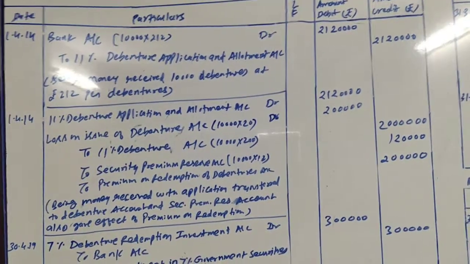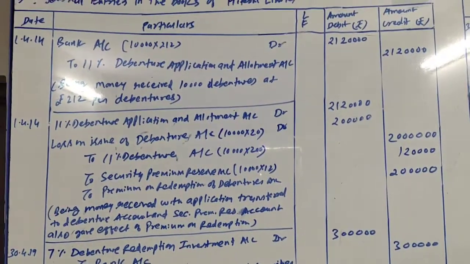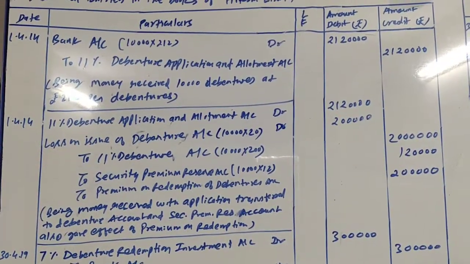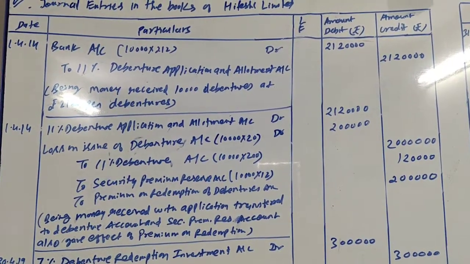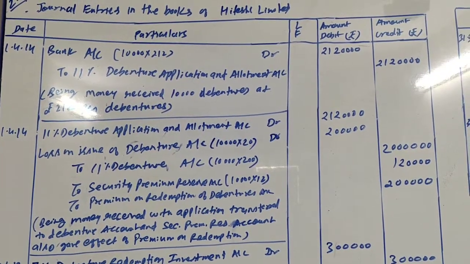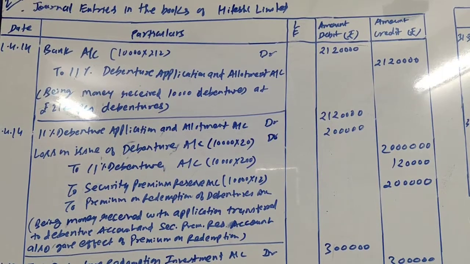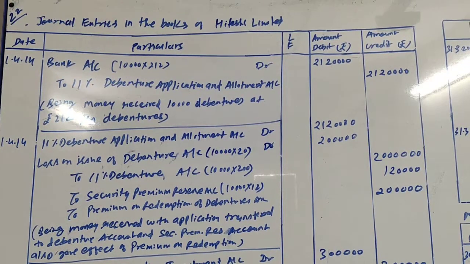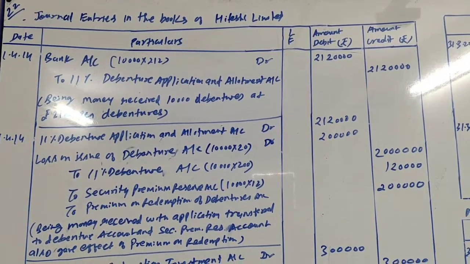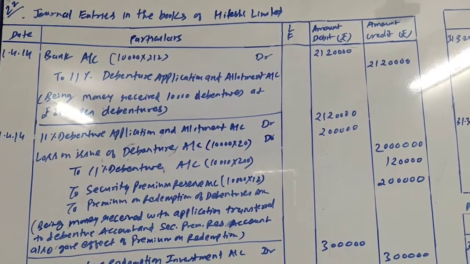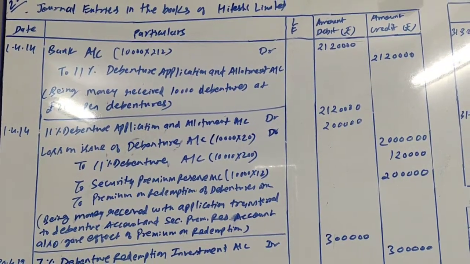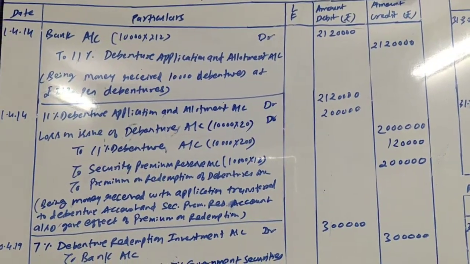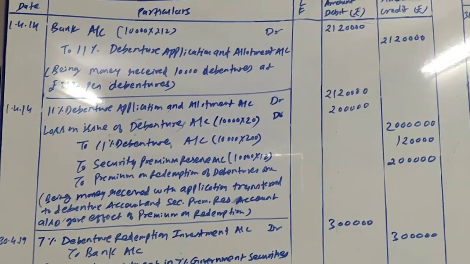Second entry, we will pass to transfer this amount to the debentures account and security premium reserve account. So second entry, 11% debenture application and allotment account debit to 11% debentures account, to security premium account. Debenture application and allotment account debit 21,20,000 to 11% debentures account 20 lakh, to security premium 1,20,000. Moreover, as the debentures are to be redeemed at premium, we will credit premium on redemption of debentures account, and the same amount will be debited to loss on issue of debentures account.